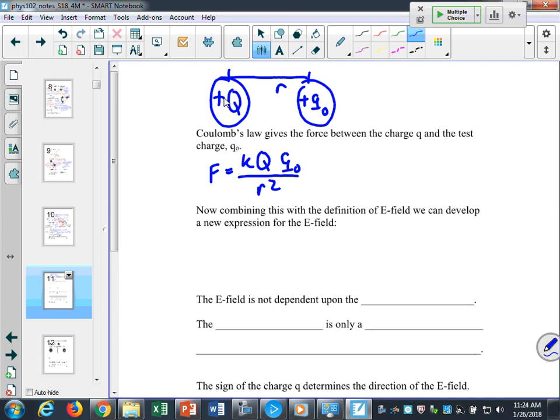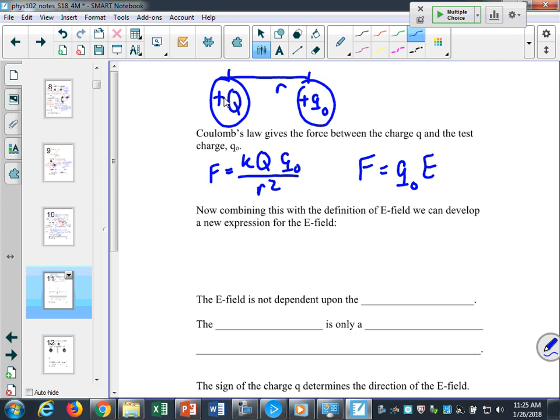I also know from my definition of the electric field that F, the force that the positive test charge feels, is equal to Q naught times E. We'll see later, we'll represent the electric field as some arrows. We'll see that there is a field of forces that extends outward from this positive Q. And that those field of forces interact with this charge and cause it to experience a force.